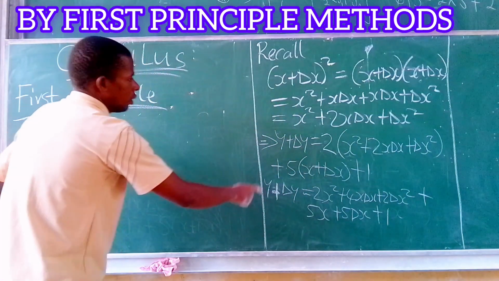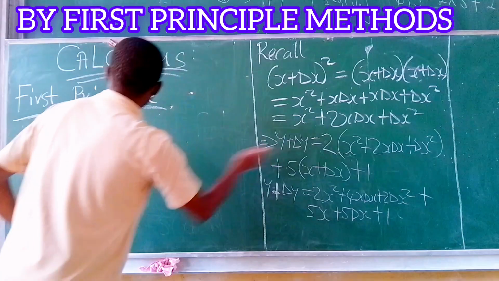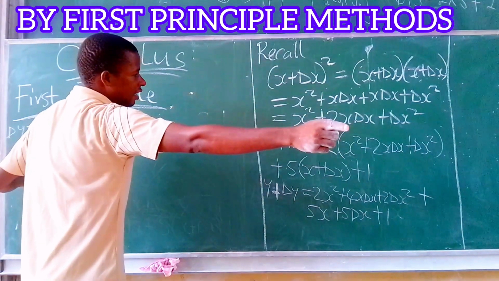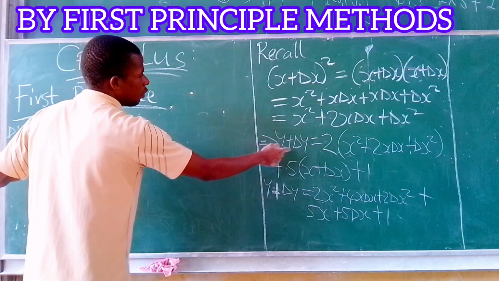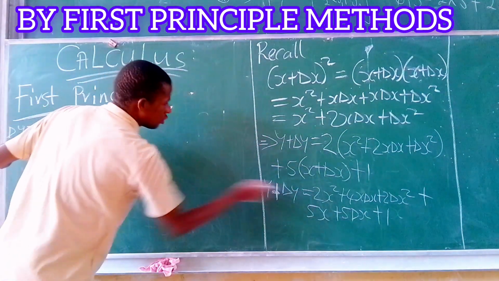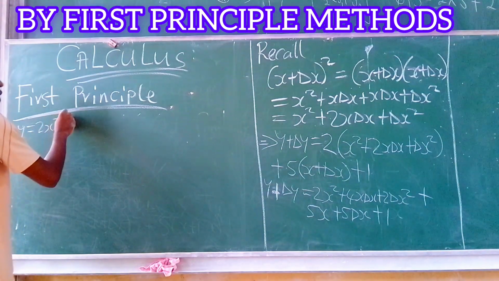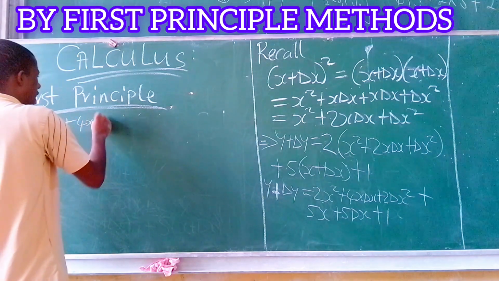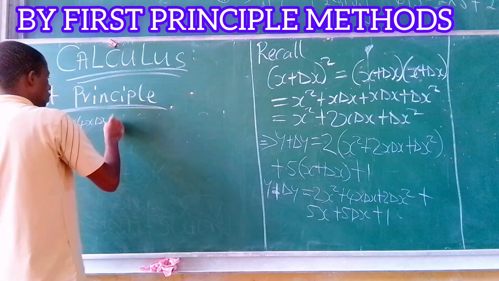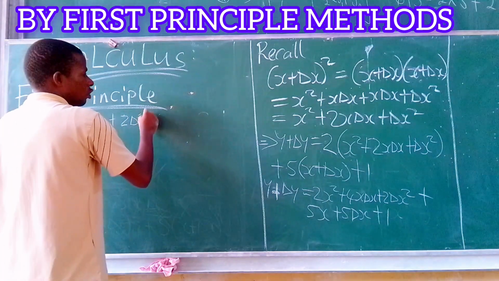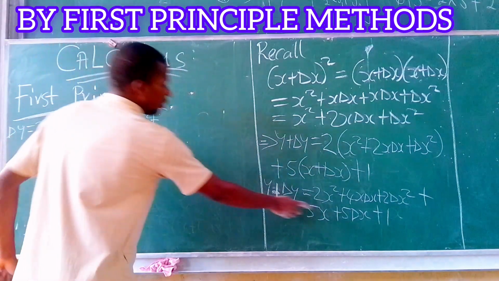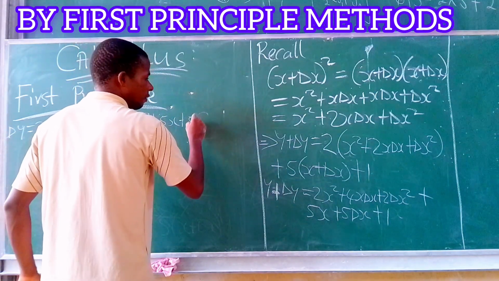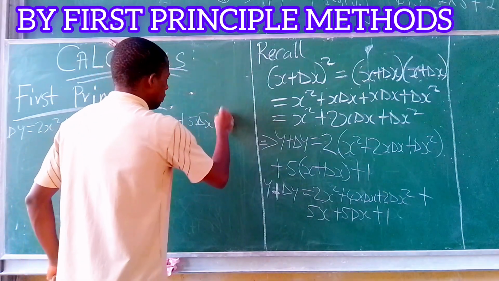Now let's move on. Let's make δy the subject. When we make δy the subject, this y will go to the right hand side, and when y crosses to the right hand side, it's going to be negative y. So we're going to have 2x squared plus 4x δx plus 2 δx squared plus 5x plus 5 δx plus 1.